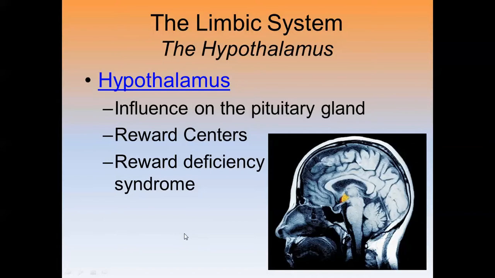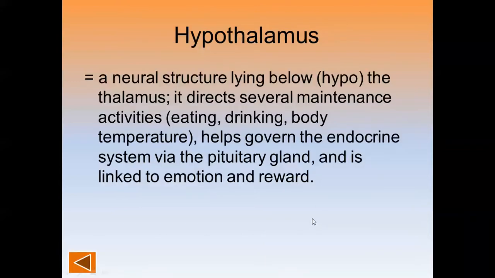And the hypothalamus is the third part of the limbic system, and it has been linked to various bodily maintenance functions and to pleasurable rewards. Its hormones influence the pituitary gland, so it provides a major link between the nervous and the endocrine systems. Your hypothalamus is incredibly important. Again, it's a neural structure lying below the thalamus, and it directs several maintenance activities.